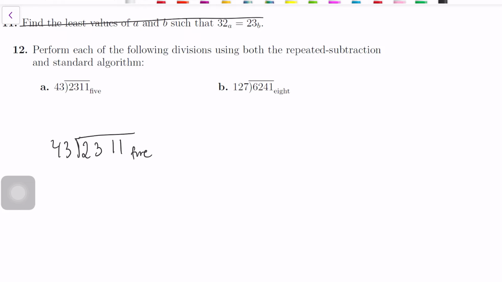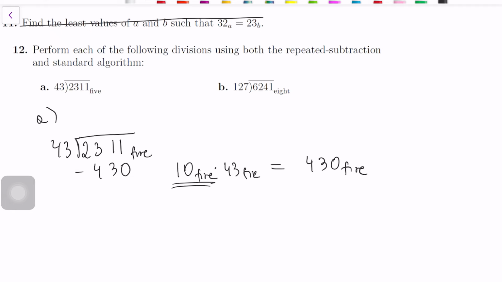So I'm going to start with fitting 10 times 43. I know that's going to give me 430 in base 5, multiplying by 10, adding a 0. So I need to subtract that. I'm fitting 10 43s, which means I need to subtract 430.